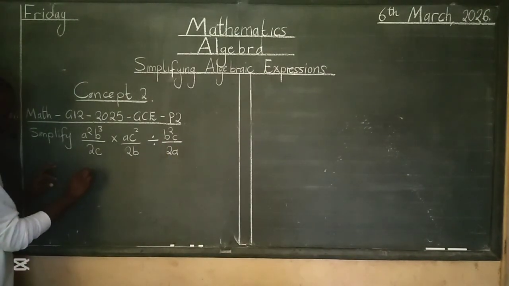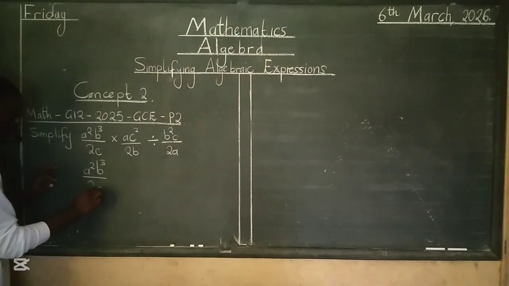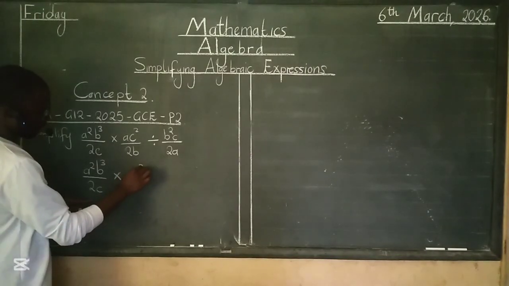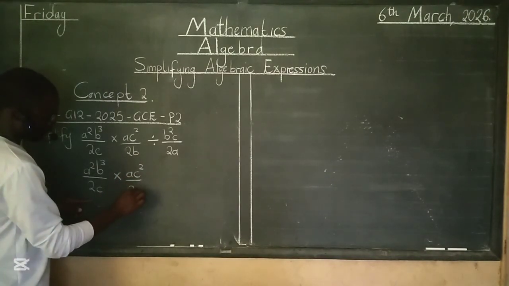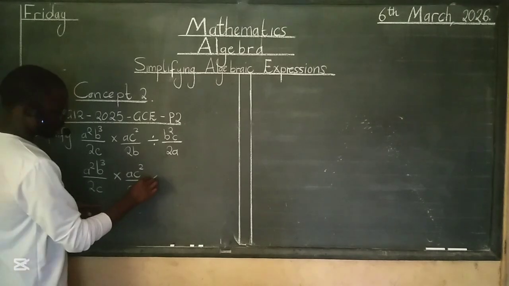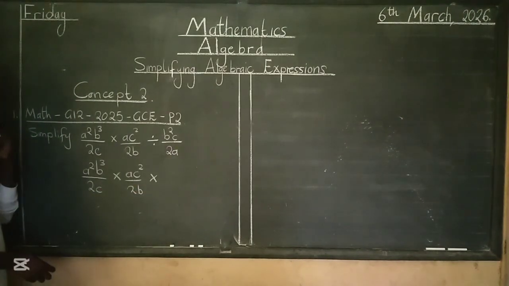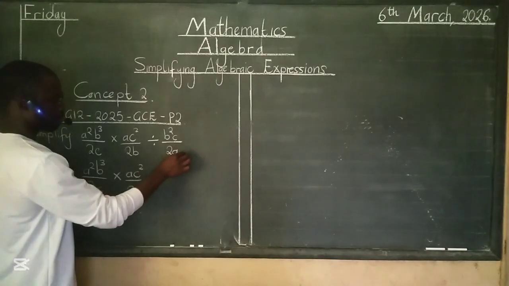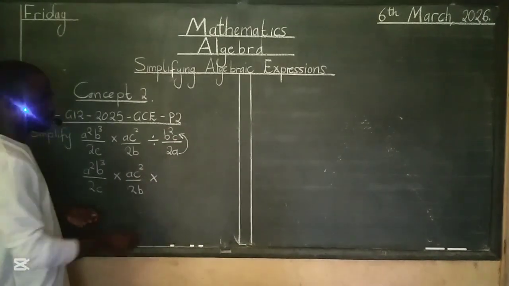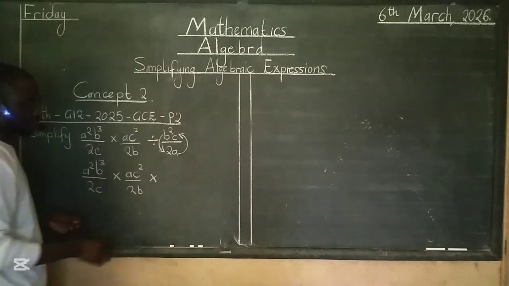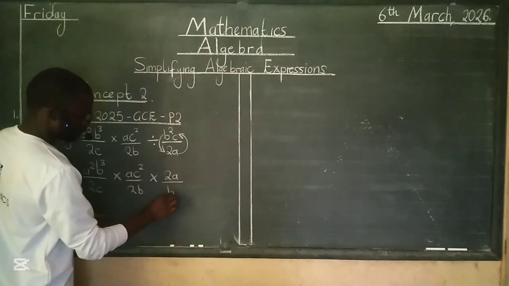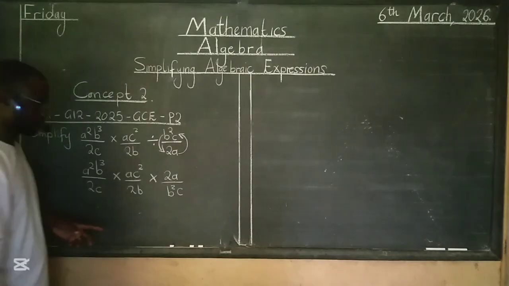So this is going to be a squared b to the power 3 over 2c multiplied by ac squared over 2b. Then this will become multiplication sign or the time sign. Then this bottom part will go top, this top part will go down. So this will be 2a over b squared c.